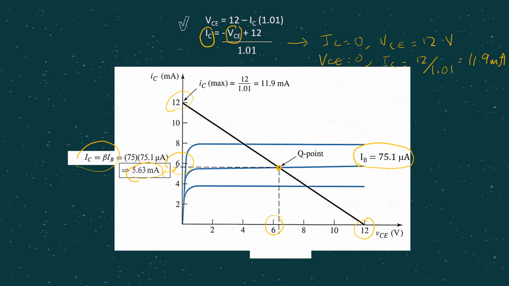You can solve VCE from this KVL equation. Substitute accordingly, because we already know the value of IC, which is 5.63 milliampere. Substitute there, we are going to get VCE equals 6.31 volt. So the exact value is 6.31 volt, similar to the one calculated.